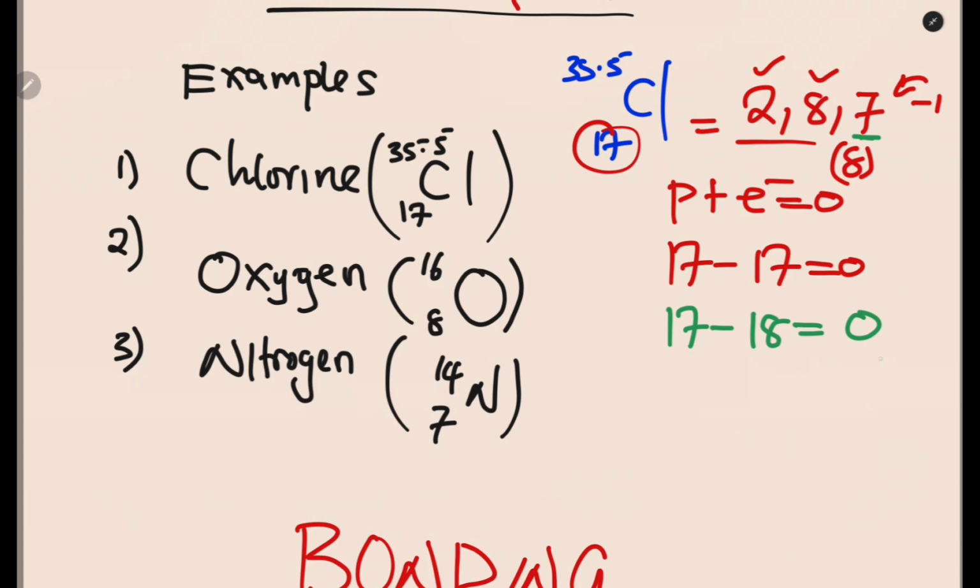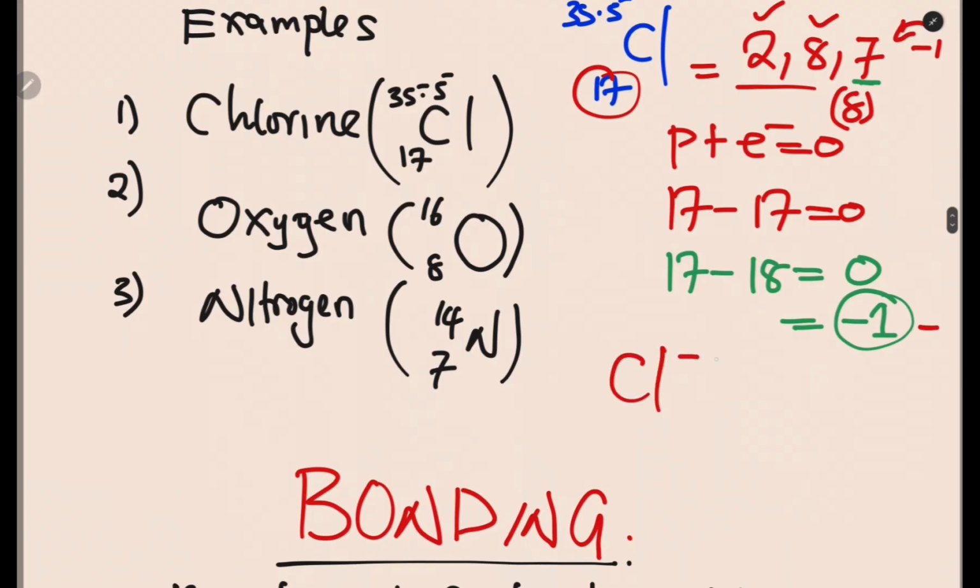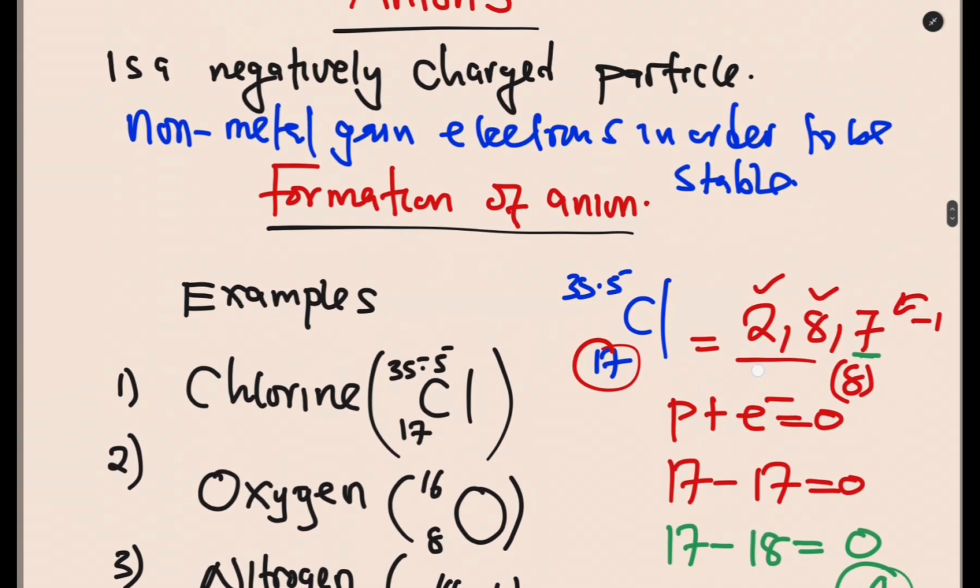So let us do some mathematics. 17 minus 18 gives -1. Now we are not going to write -1 in terms of charge, we are just going to write a negative. That is the reason why the chlorine ion is written with a negative. Okay, so that is very important.